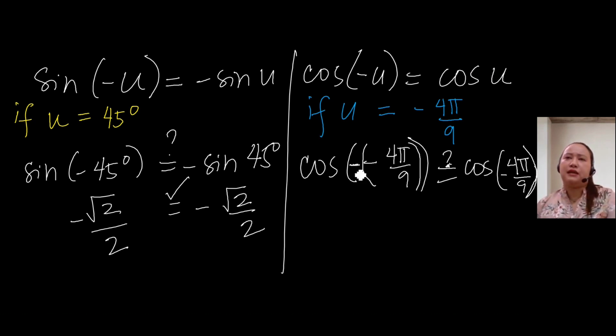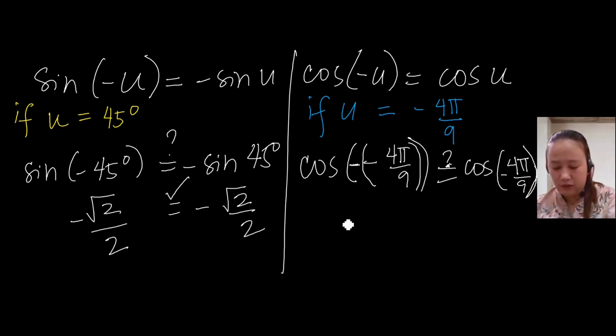So is cosine of negative of negative 4 pi over 9 equal to cosine of negative 4 pi over 9? In your calculator, be sure that you change the mode into radian. So we have cosine of negative, and then negative again, 4 pi over 9. You use two close parentheses.